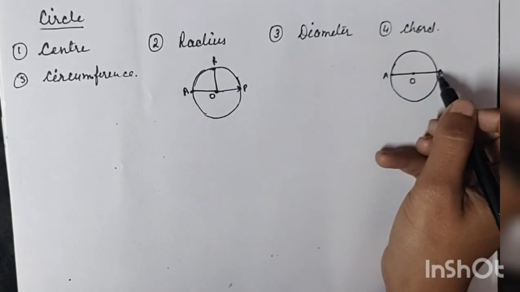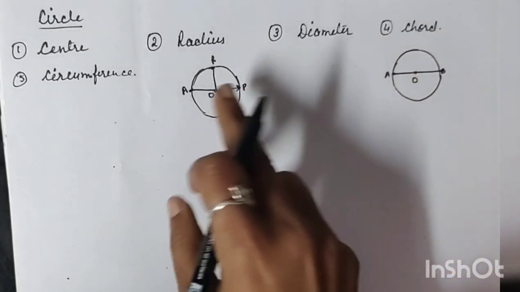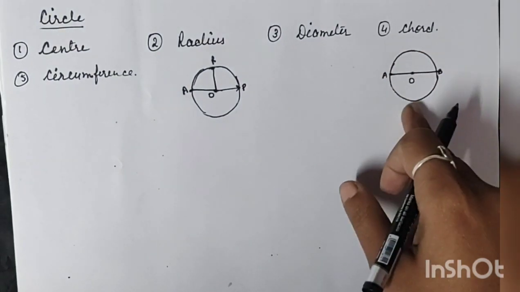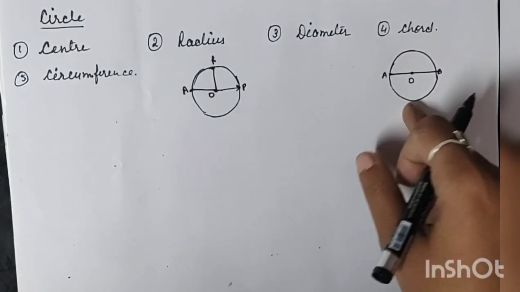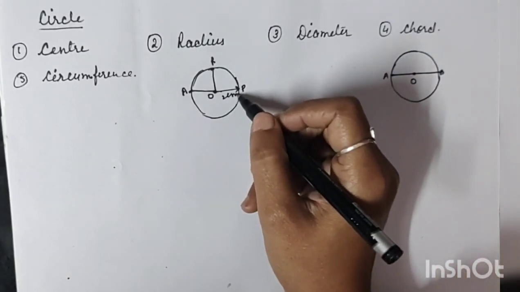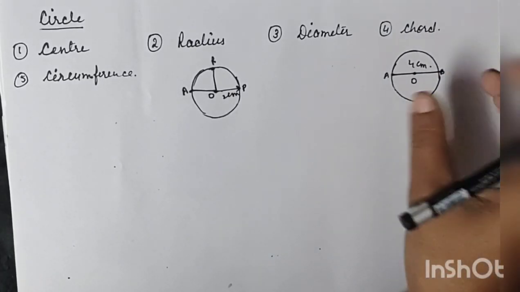So AB is the diameter of a circle, and in other words we can say diameter is double the radius. If the radius of a circle is 2 centimeter, then the diameter of the circle is equal to 4 centimeter, right?